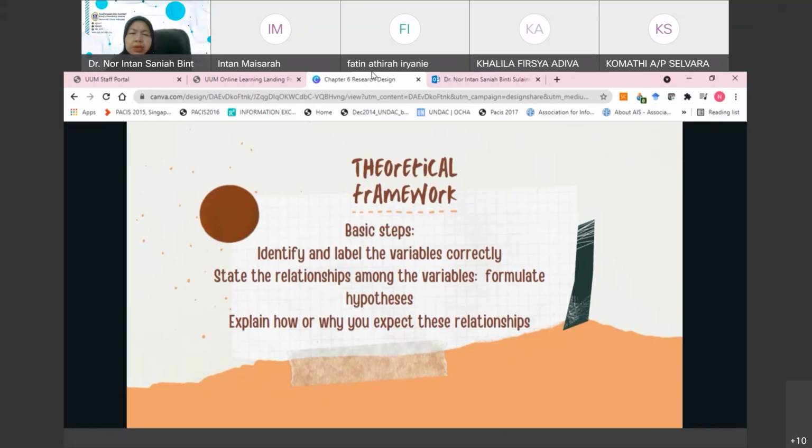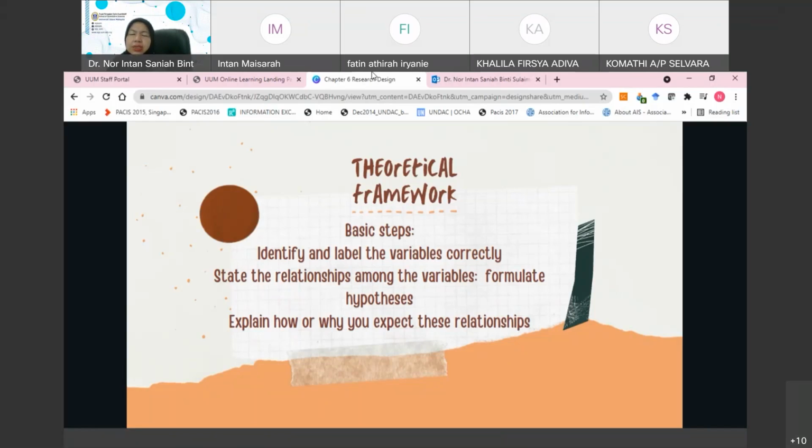Okay, so the basic one, you must know how to identify or name the variable correctly. Then we formulate the hypothesis and how we want to explain how or why. Like qualitative, they will always ask how and why, what and why, 5W 1H tu kan.